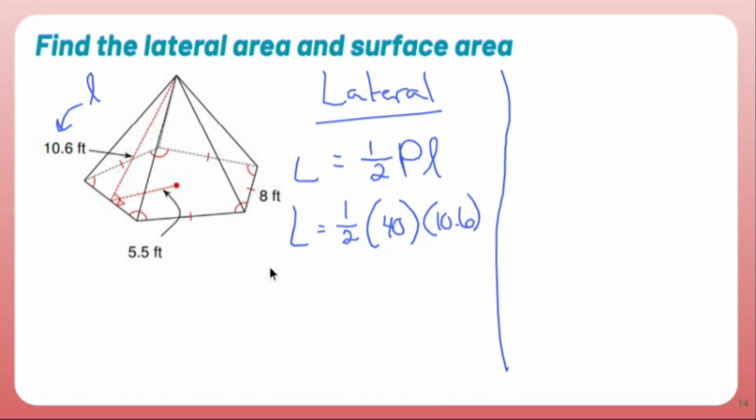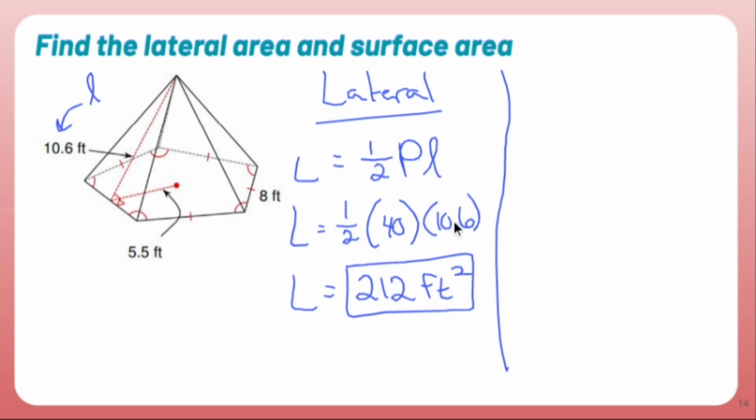So to find the lateral area, I'm going to do 1/2 times 40 times 10.6, which is 212. Right? Because 20 times 10.6, yep. Feet squared, because of area being square units.